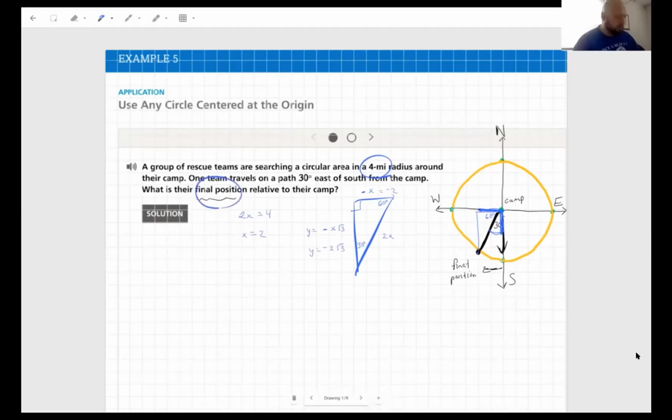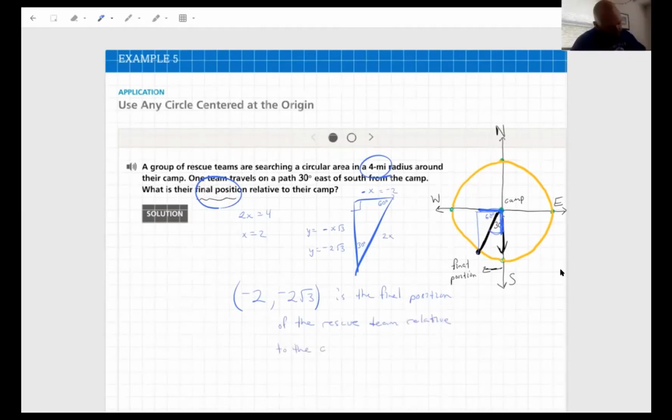It's going to be (-2, -2√3), the final position of the rescue team, relative to the camp, which is at the origin.